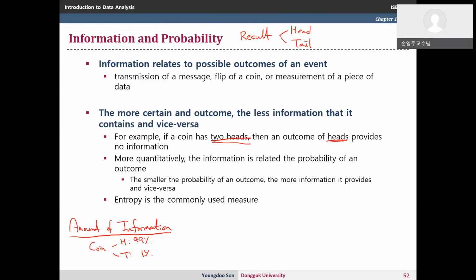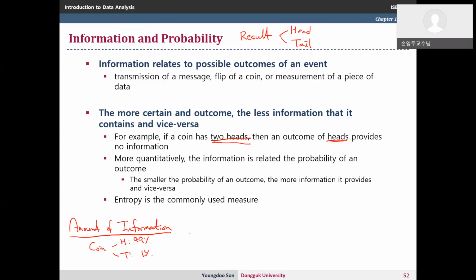So we can consider that we get more information than when we heard that the result was head.